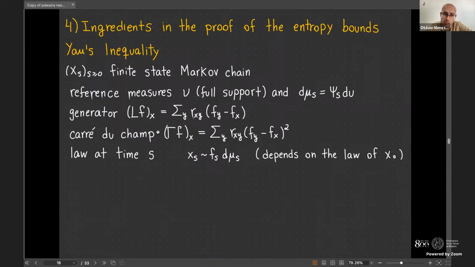And the reason we work with these operators is that it will play the role that is usually played by the Dirichlet form in such inequalities. Because we're not dealing necessarily with invariant measures, we don't really have Dirichlet forms, but we can integrate the Cavedo-Champ.